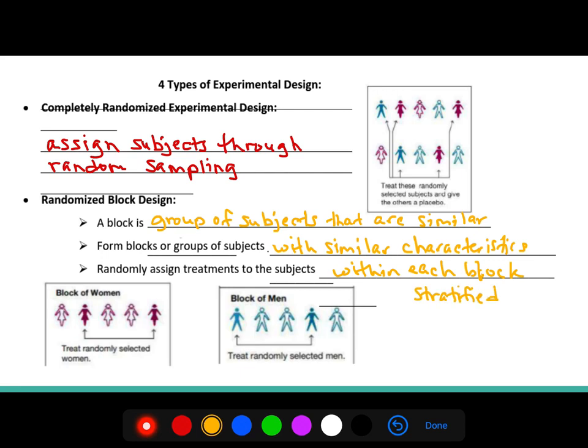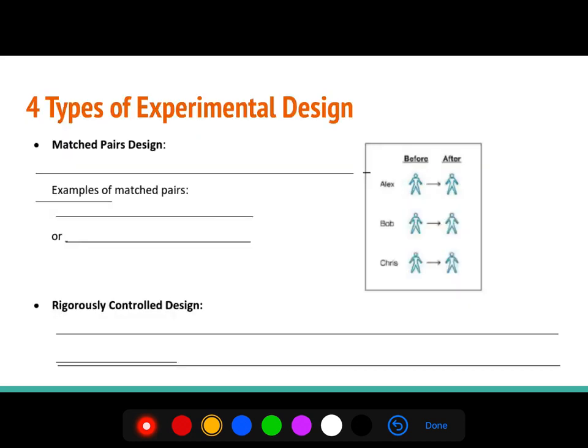And so that one looks a lot like our stratified approach on sampling. So we have a completely random where you assign your subjects randomly. We have a randomized block, which is where we get our block of subjects that are similar, and then we randomly sample them within each block.